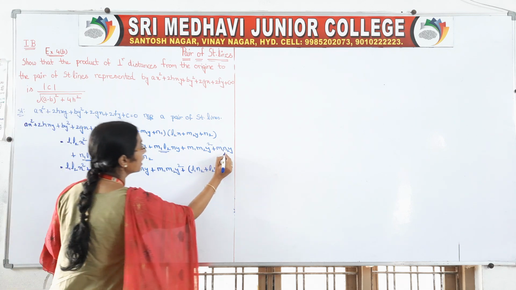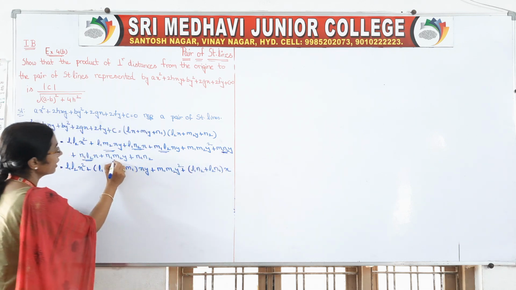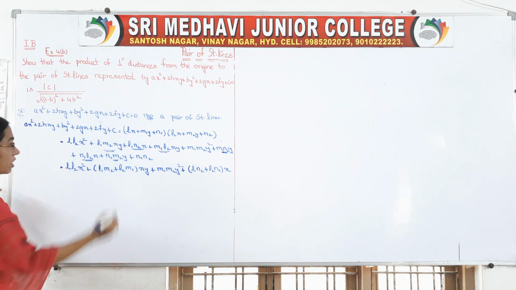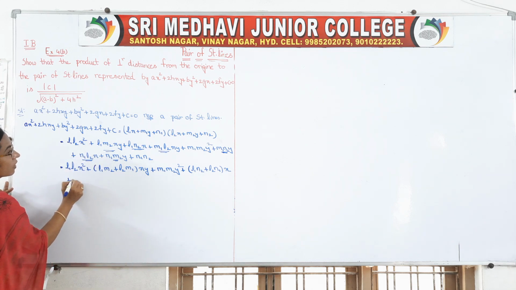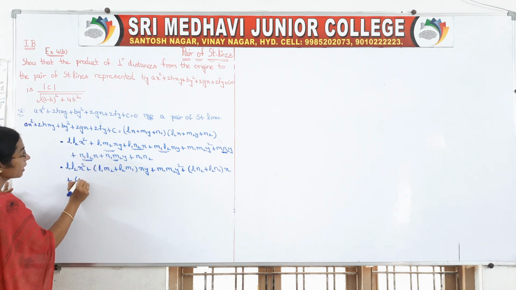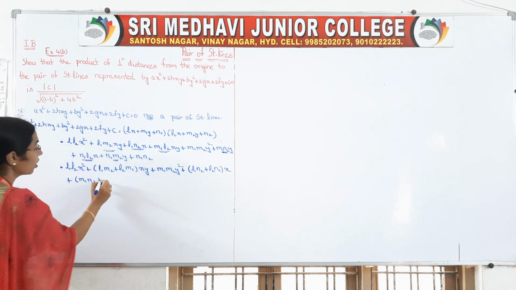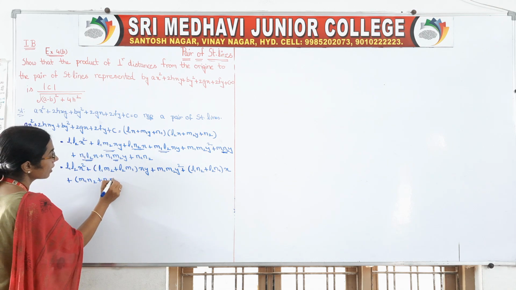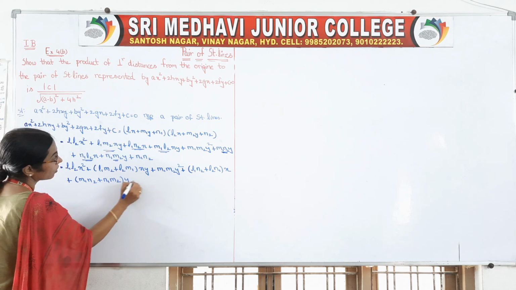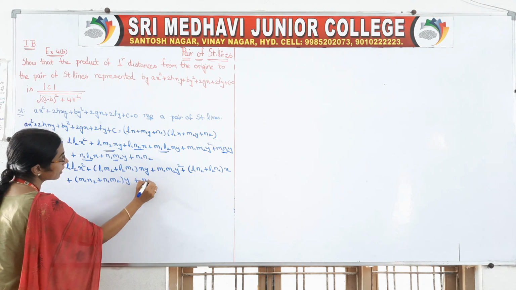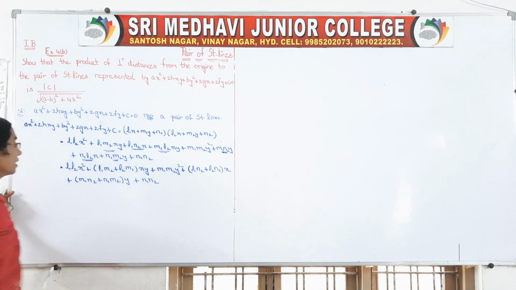Observe, where is your y term? Here a y term is there, here also. So take y common: (M1 N2 plus N1 M2) y. Last, the constant term N1 N2.